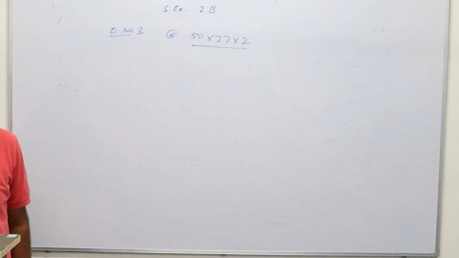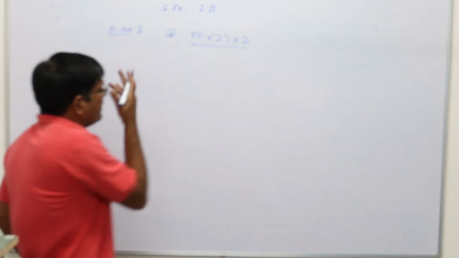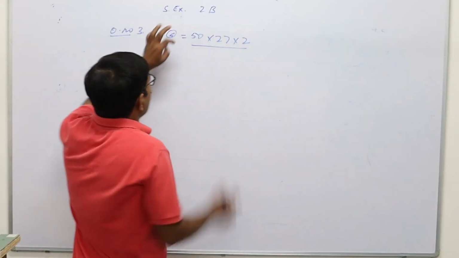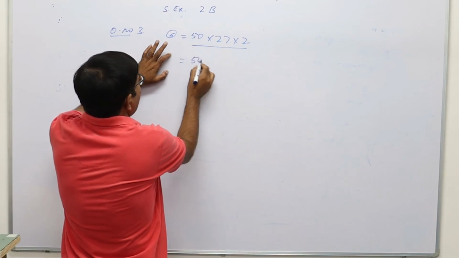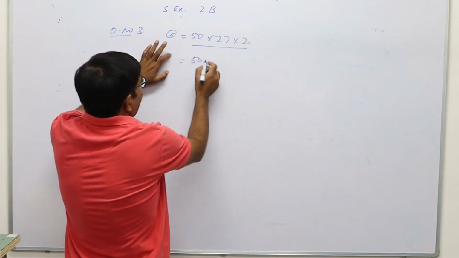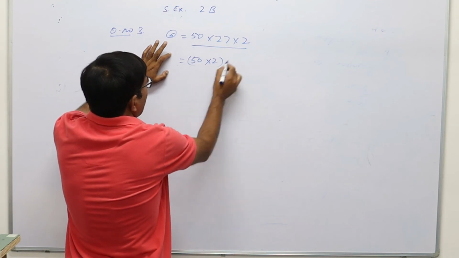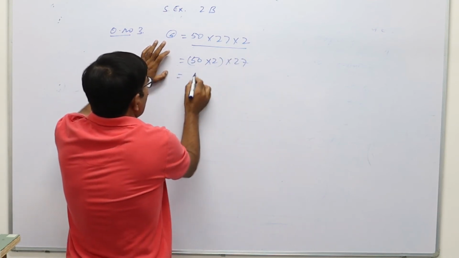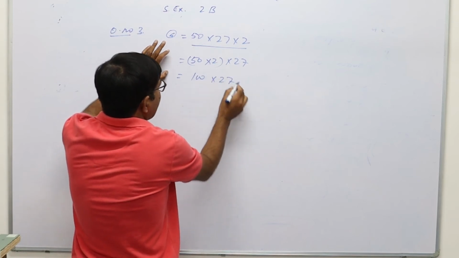The question is to find the following product by suitable rearrangement. So if we have to find the product of 50 into 27 into 2, then we can write 50 into 2 into 27. Then 50 into 2 is 100 into 27.